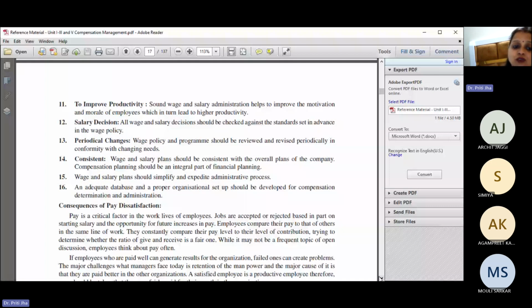Wage and salary plans should simplify and expedite the administrative process, and an adequate database and a proper organizational setup should be developed for compensation determination and administration.